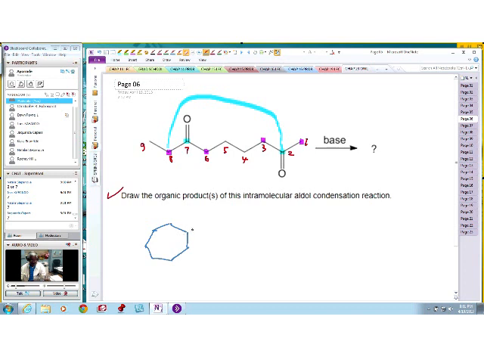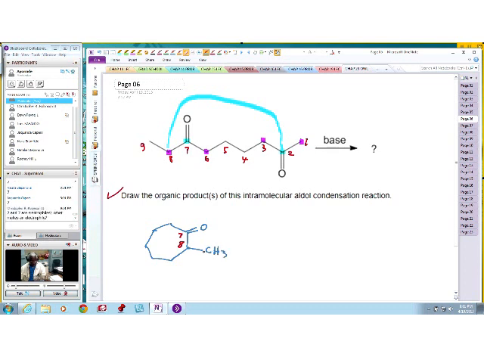Let us say this is our carbon number 7. If that is our carbon number 7, and this is our carbon number 8 right here, that tells you that you must have a methyl group attached to this.